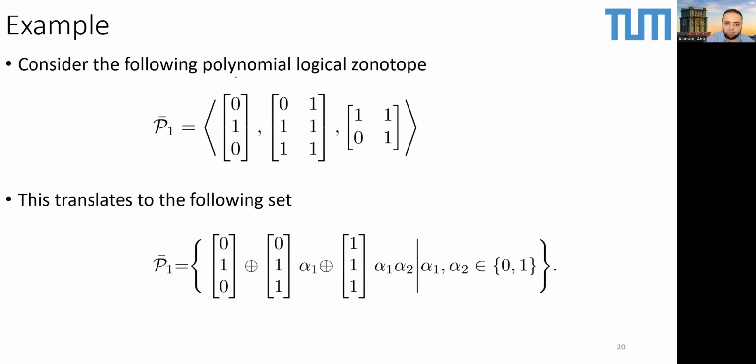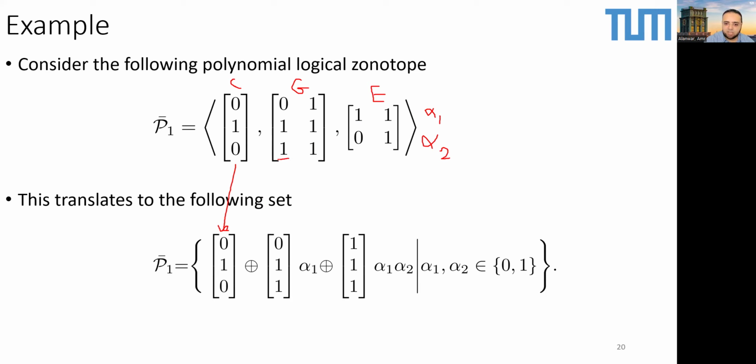For example, if we have, this is the C, and this is the G, and this is the exponent matrix, to write this set out, we take the C as it is, and then each line in this exponent matrix represents an alpha. So the first line represents alpha 1, and the second line represents the second factor, which is alpha 2.